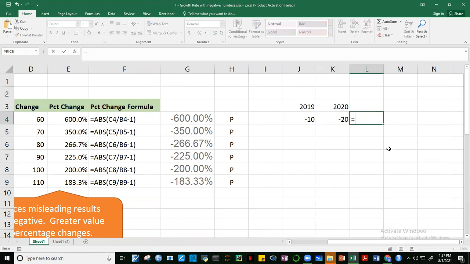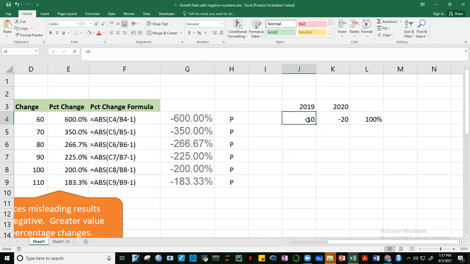So, if we use the formula, new divided by old minus 1, okay. Ano nangyari? Okay, so first guys, ang nangyari dito is positive siya, no? Mali 'yan kasi nag-decrease lalo eh, di ba?